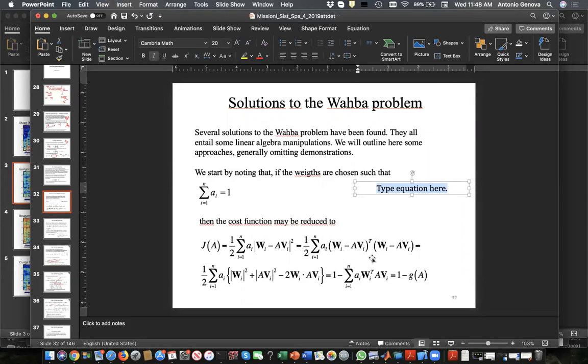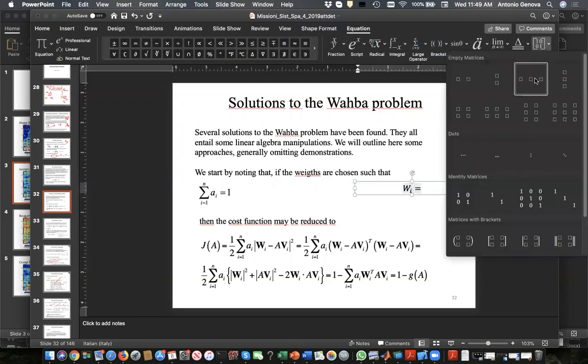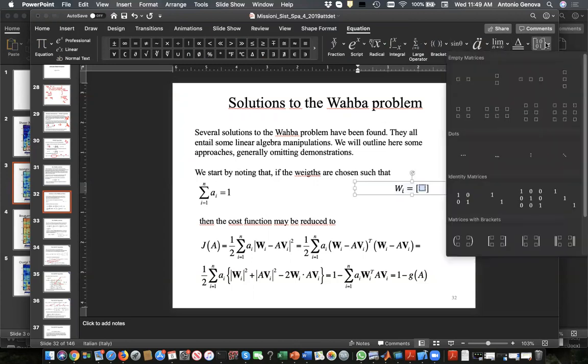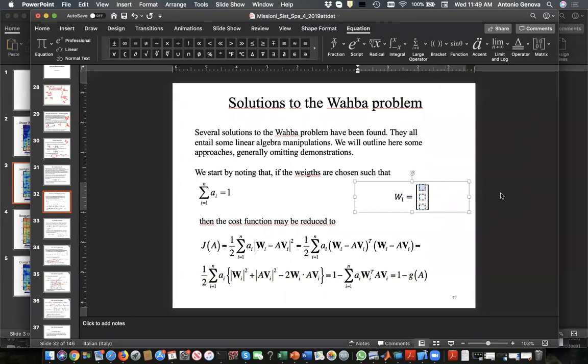The product of this one is a scalar, of course, because, for example, your Wi is equal to W1, W2, and W3.